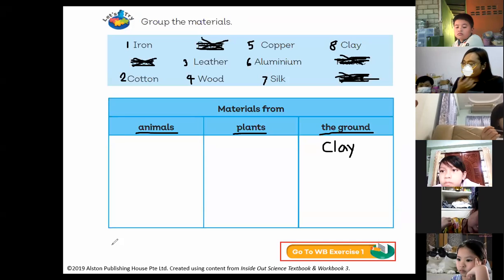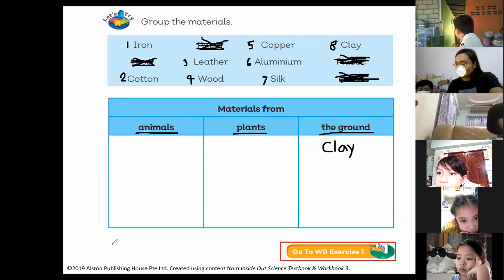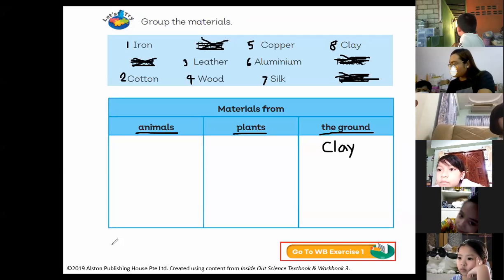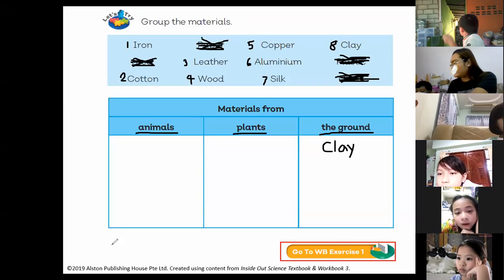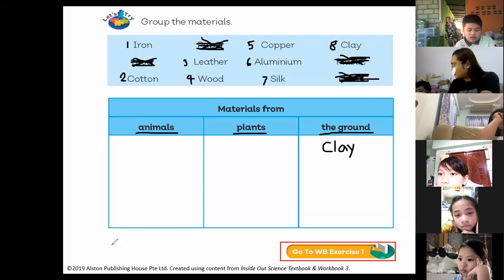Very good. What about wood? Where's wood? Oh, here. What is it? Plants or animals? It's plants.